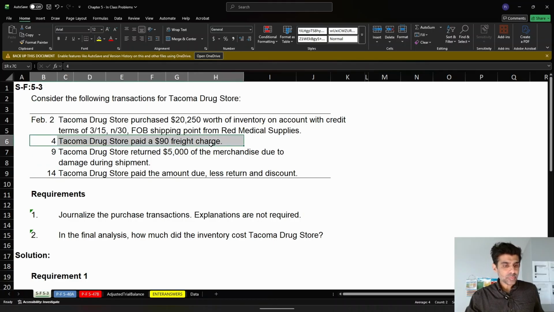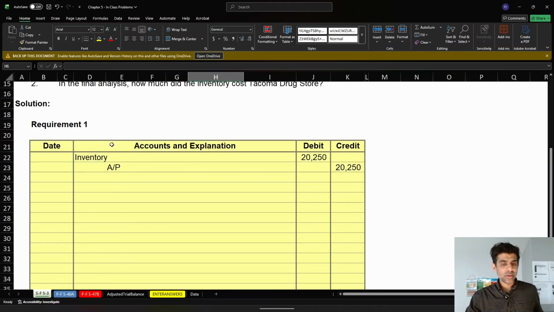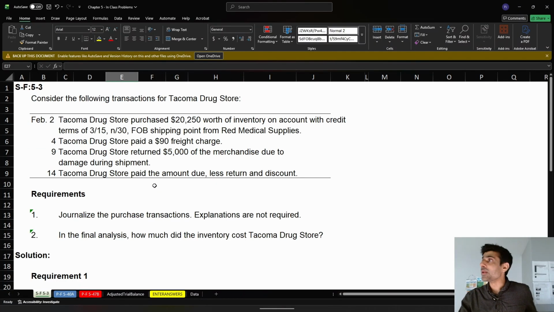Okay, so next, we're paying $90 for freight. And we're going to assume it's with cash because it doesn't say on account or that we borrowed or anything. So I already know that there's going to be a credit to cash. Our order of operations when we're looking at a transaction is figuring out what accounts are involved. That should be the first thing you're thinking about. This transaction occurred. What accounts are affected by it?